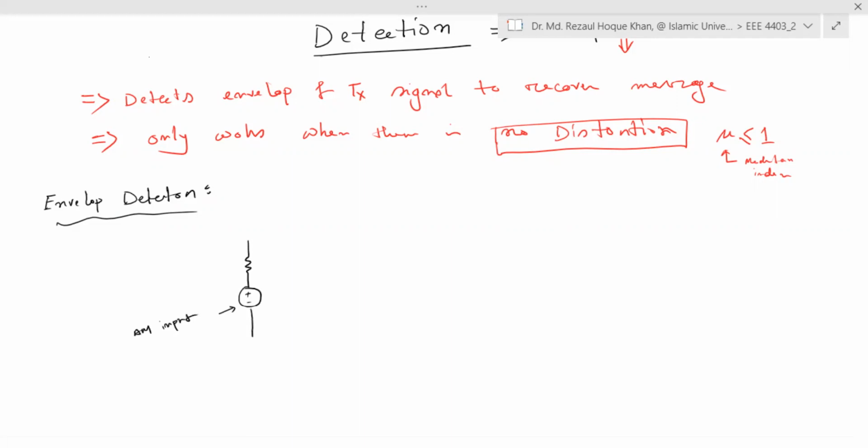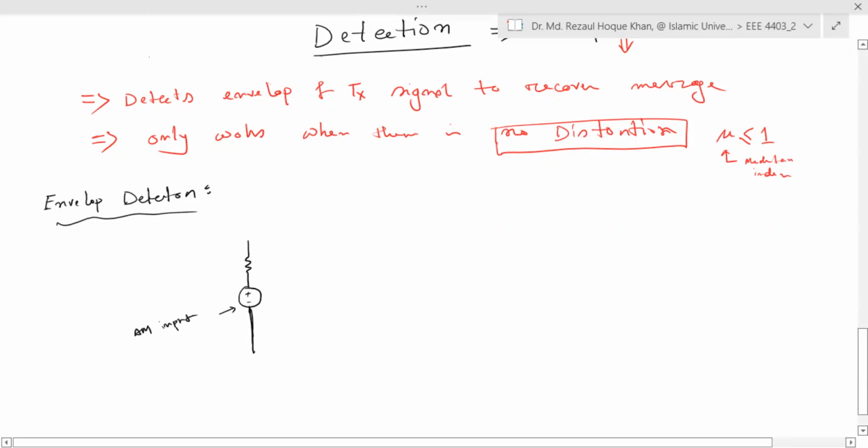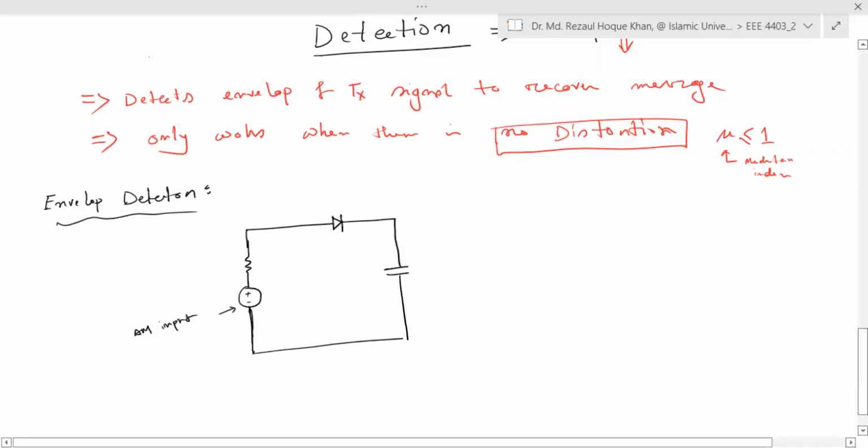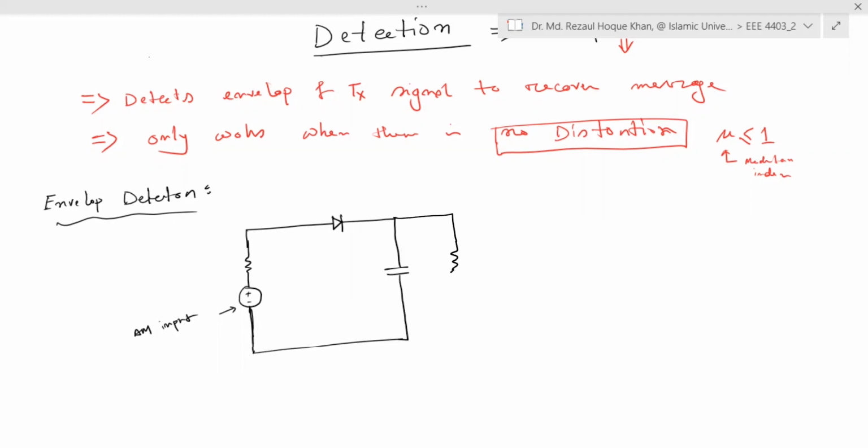After modulation, it is passed through this circuit. It goes through a diode, and there is a capacitor here and a load resistance RL. Across this load we measure the V out.